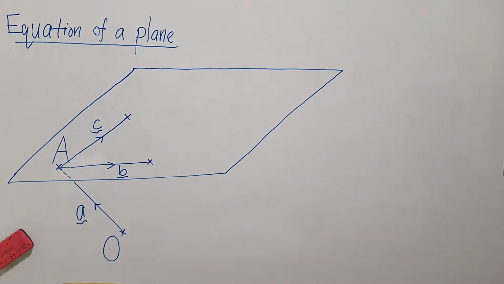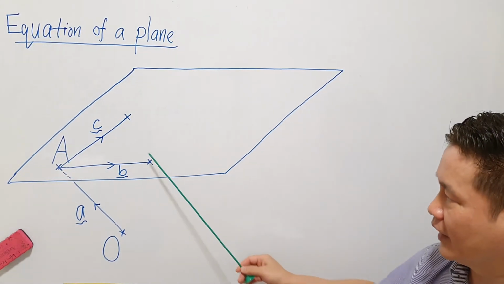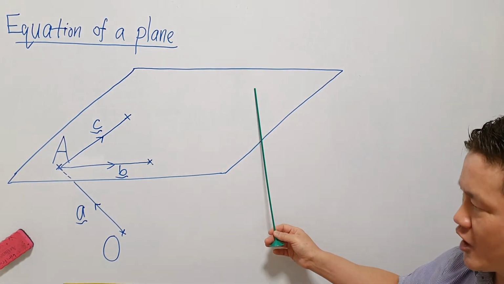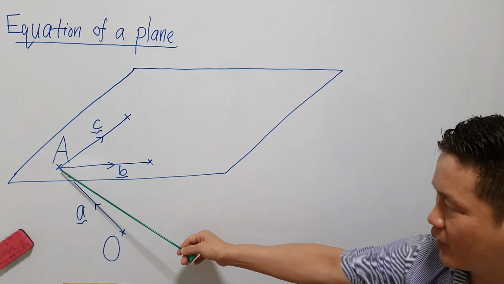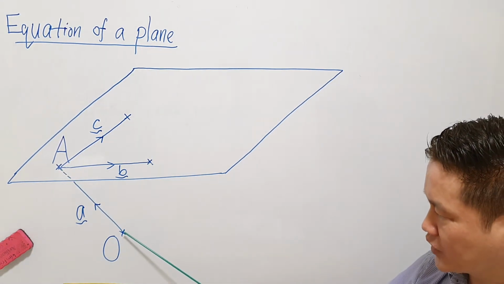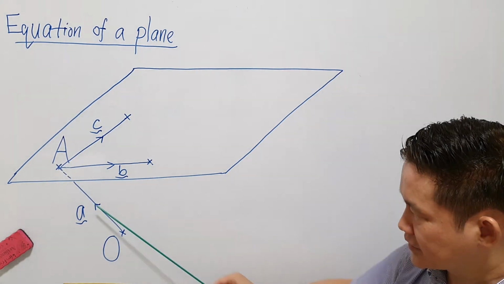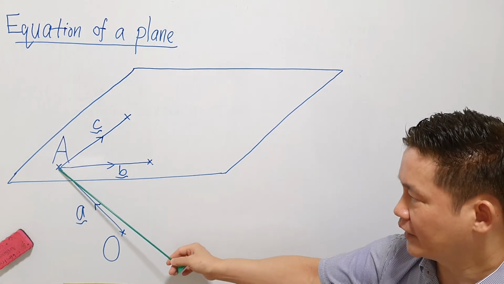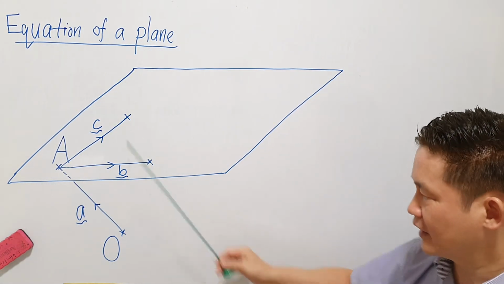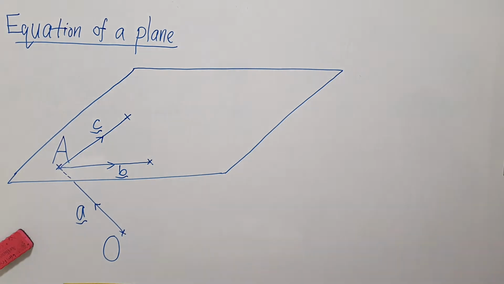It's okay. So with 3 points, I can always define a plane in a 3-dimensional space. For the first point, the position vector OA is drawn like this. And then I have the vector B and the vector C lying on the plane. We are interested in writing down an equation for this plane.